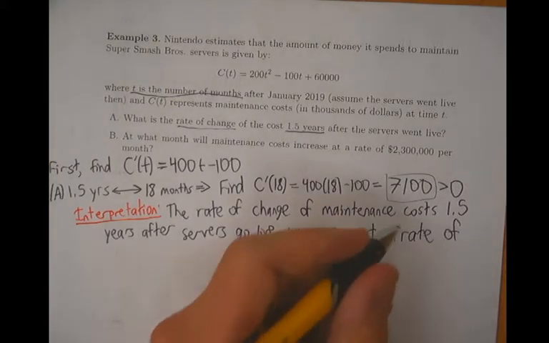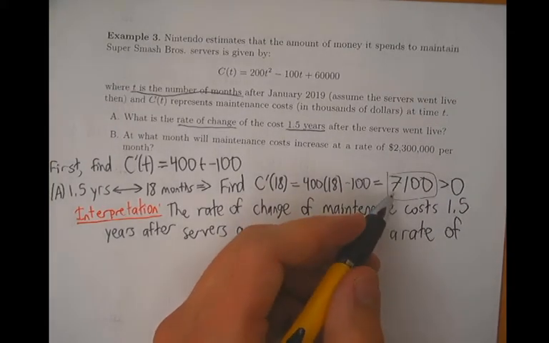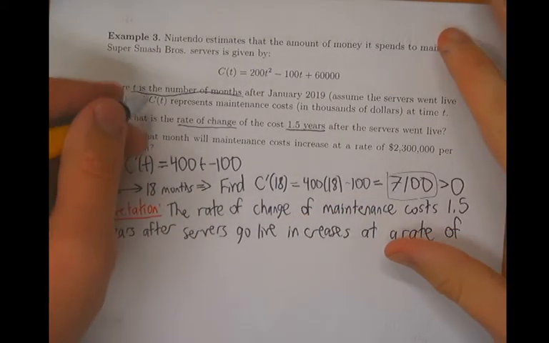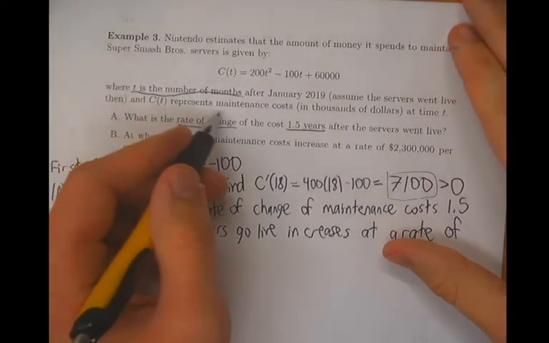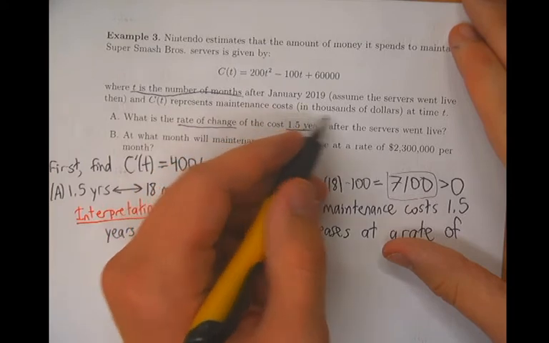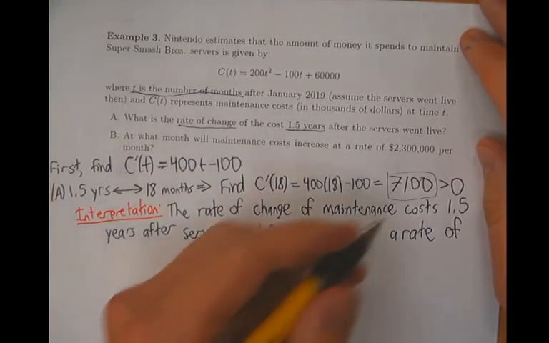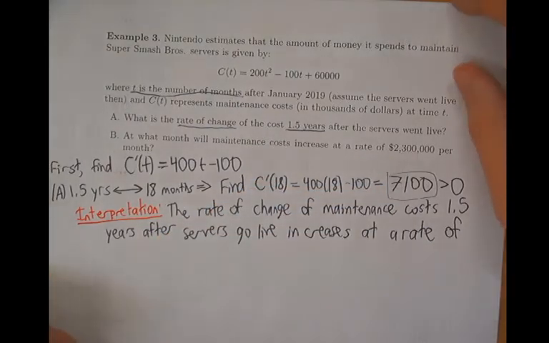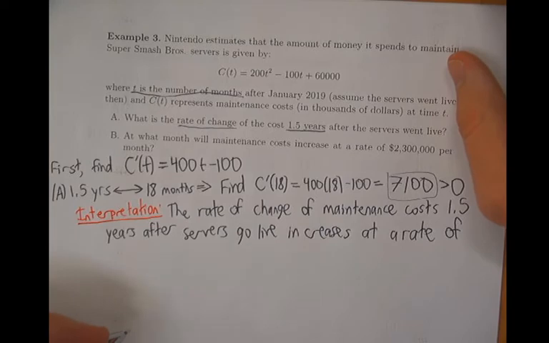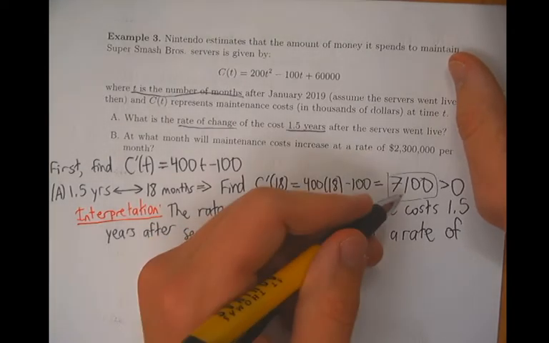So in this case, 7100 will correspond to, so remember, C of t represents maintenance costs in thousands of dollars. So what would that tell us about the quantity that we're going to end up using here? So this is in thousands of dollars, right?